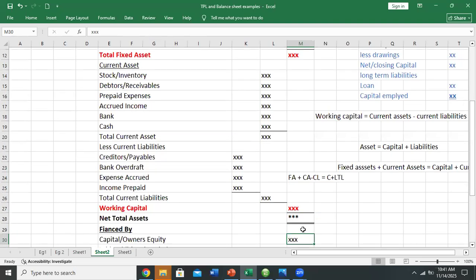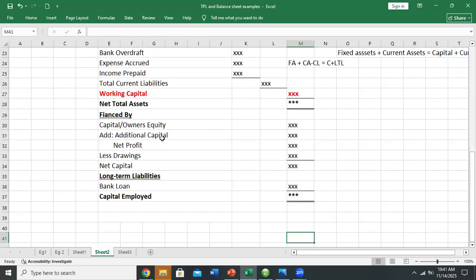After you have gotten that value, you move on to finance by, and you begin with the capital. During the course of business, some owners can add more capital, and that's additional capital. So if the question has anything like that, you add it. Then you add your net profit as well. If it is a loss, you subtract. Then you less drawings. We less drawings because, as you all know, if the owner has taken something for personal use, we less it from the capital.